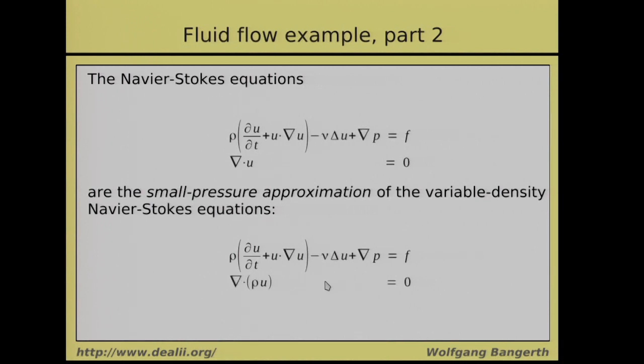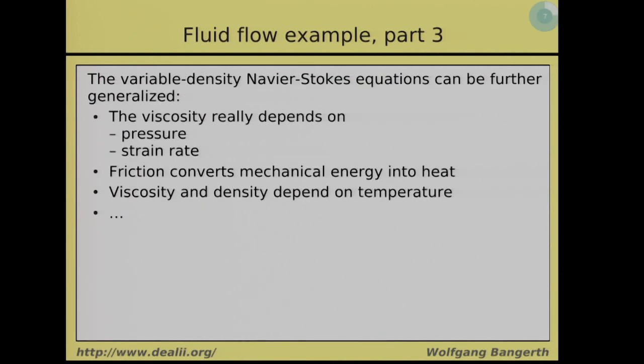So that's the next more complicated version of the Navier-Stokes equation, and if you want to, you can just keep going. You can make it more and more complicated. For example, the viscosity might in fact depend on the pressure, or it might depend on the strain rate. A lot of fluids have this property that if you have flow that shears the fluid, it becomes more liquid. One typical example would be shampoo.